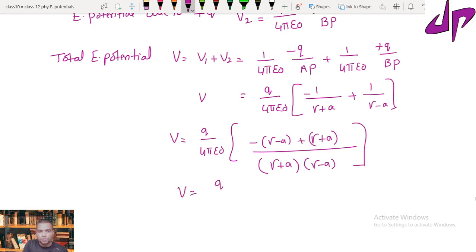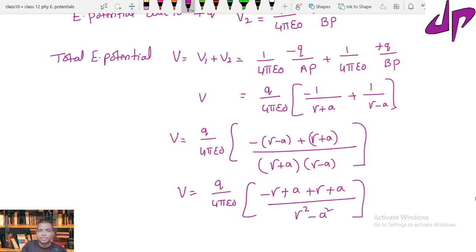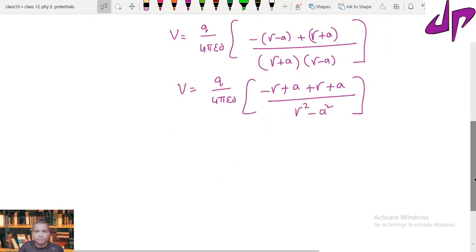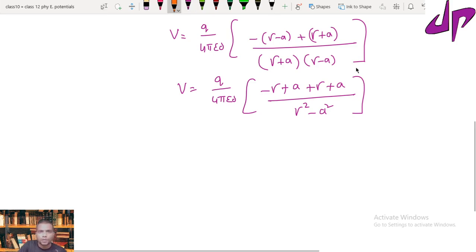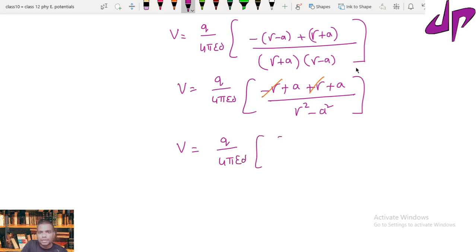So V equals q upon 4 pi epsilon naught of: minus r, minus times minus becomes plus a, and the plus r again plus a, upon, in the denominator, r squared minus a squared, since (a plus b)(a minus b) gives a squared minus b squared. Now you can cancel the like terms: minus r and plus r cancel. Finally, V equals q upon 4 pi epsilon naught of a plus a, that is 2a, upon r squared minus a squared.